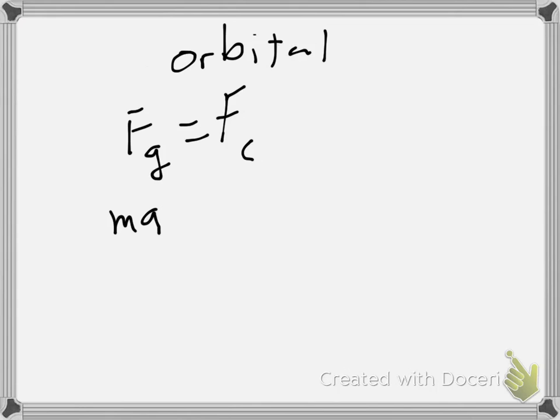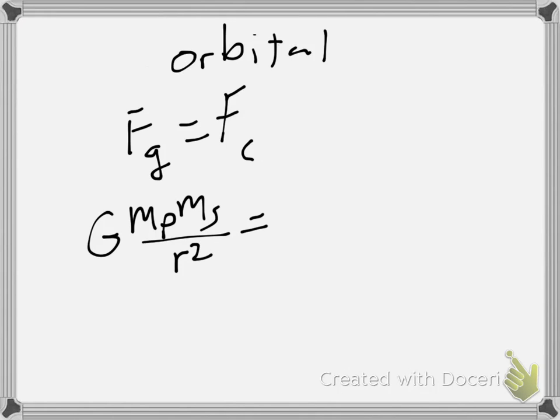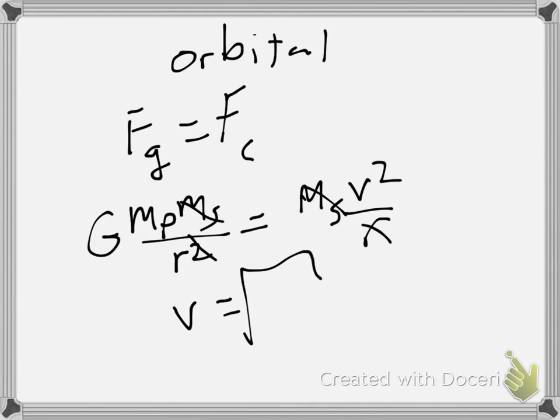We said big G, mass of the planet, mass of the satellite over r squared is going to equal mass of the satellite, v squared over r. So we canceled one of those, canceled this, and we said v is equal to the square root of G times big M over R. That's where I got that from. I think I talked about this when we were doing the lectures. But this says gravity is what's supplying centripetal force, so that's the speed you need to orbit.